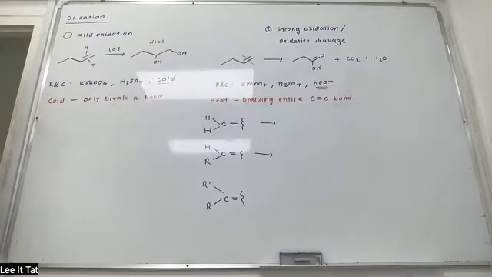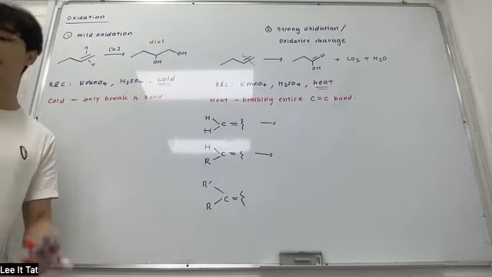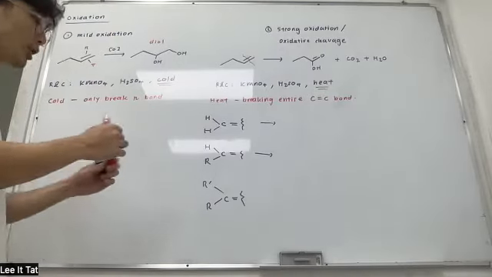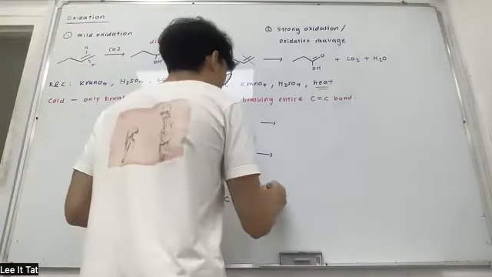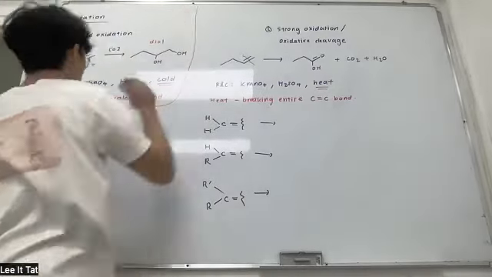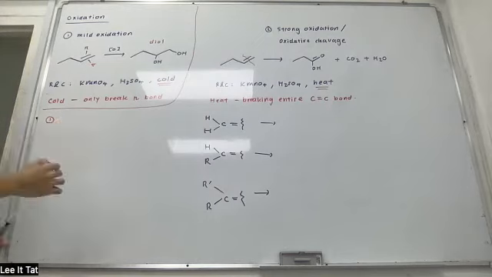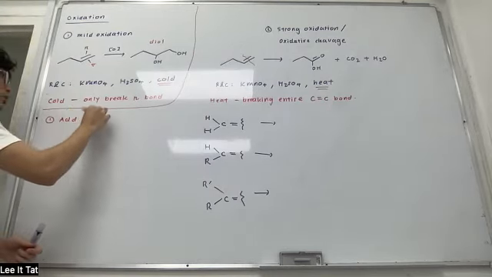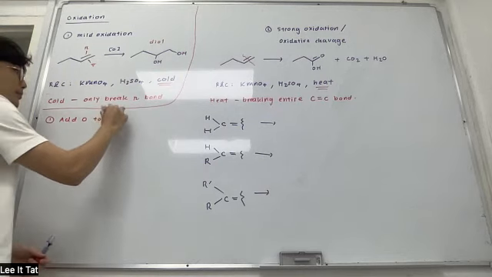Now, I want you guys to write down the steps for this. 2 steps. Write it at the top. To determine how the product looks like: number 1, once you cut the double bond, you add oxygen to the double bond.